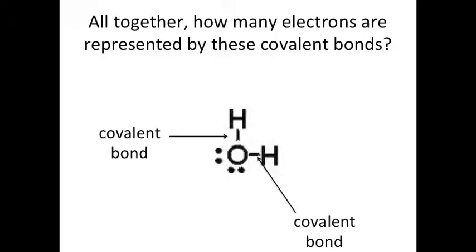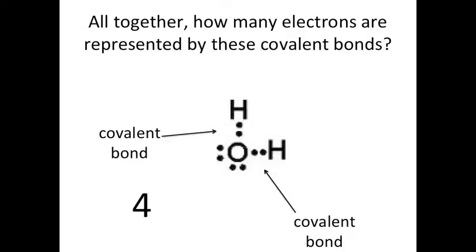Remember, each line represents 2 shared electrons. This picture represents 4 electrons in 2 covalent bonds.